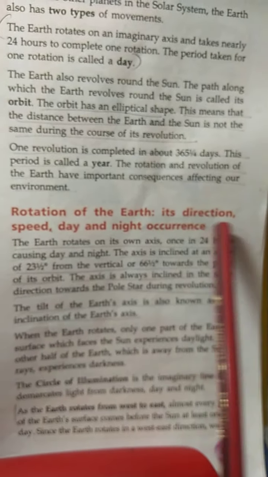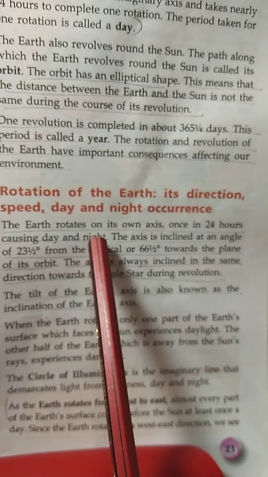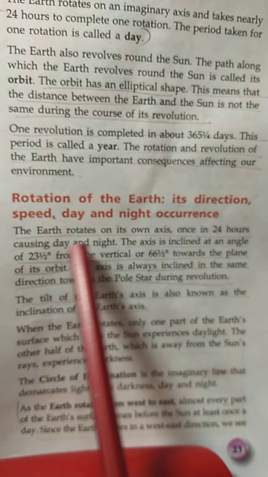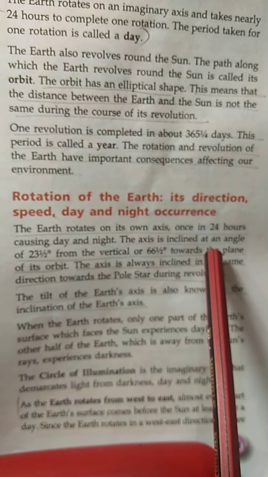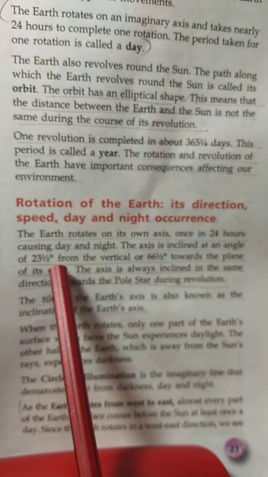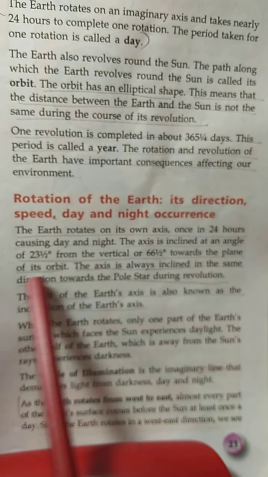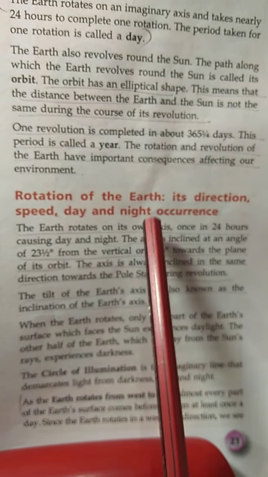Rotation of the earth: its direction, speed, and day and night occurrence. The earth rotates on its own axis once in 24 hours, causing day and night. Day and night occur in alternation. The axis is inclined at an angle of 23.5 degrees from the vertical, or 66.5 degrees towards the plane of its orbit. Remember children, the axis of the earth is not vertical.